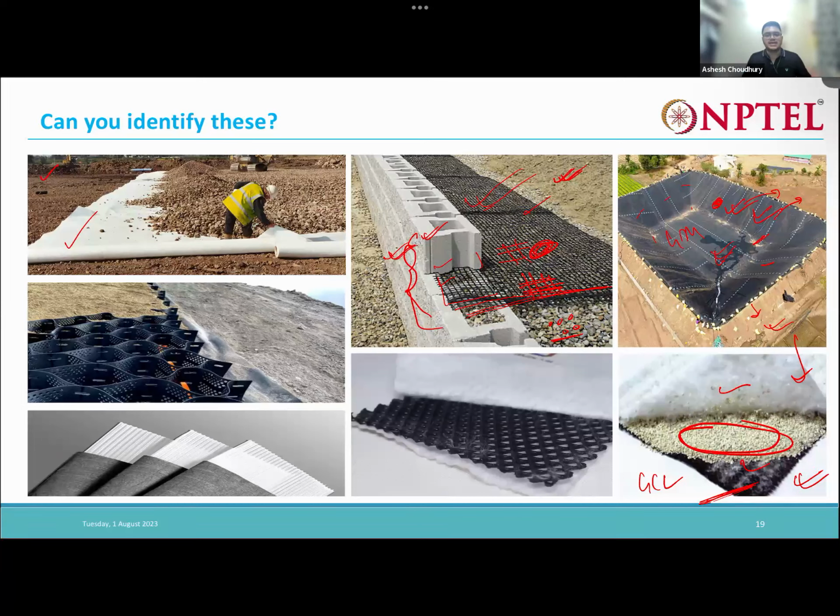Previously, these landfills were not engineered landfills. They used to just take and dump, so the soil around the place used to get contaminated. The main dangerous thing is that the harmful chemicals coming out from this waste would percolate down into the soil and damage the groundwater.